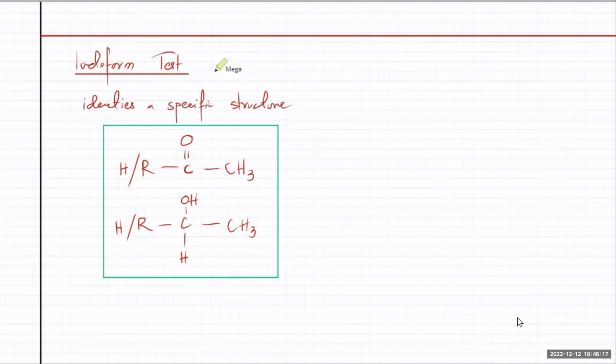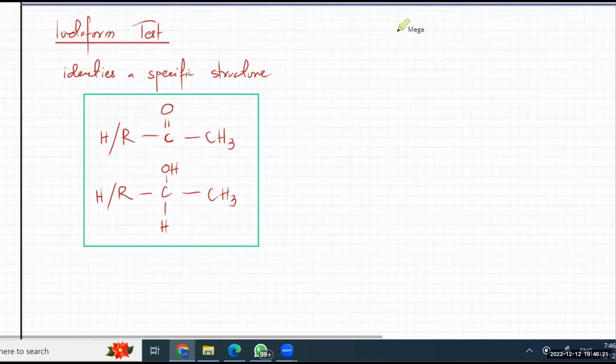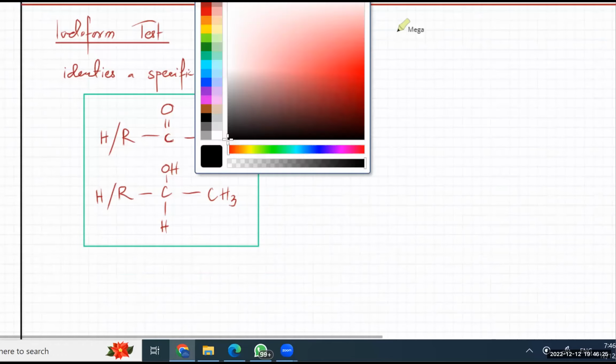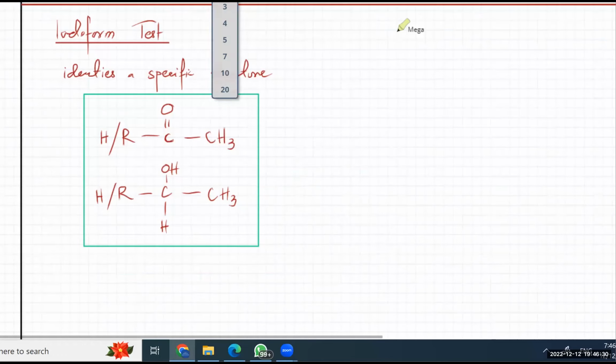It's either got to be a methyl with a ketone, so this part should be there, or it has this structure.